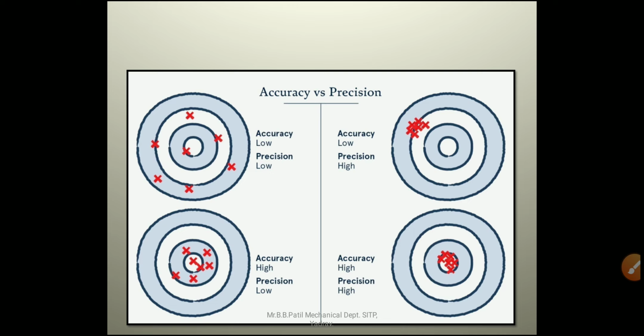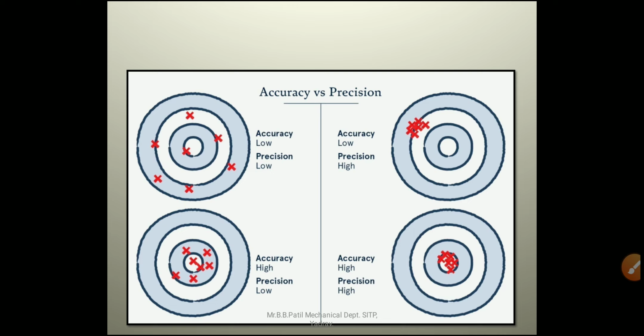Comparing accuracy versus precision, here the image shows a shooter shooting at a target and achieving accuracy as well as precision. In the first image, at the upper left corner, the shooter's accuracy is low and his precision is also low. At the lower left corner, the second image, the accuracy of the shooter is high but the precision is low. In the third image, at the upper right corner, the shooter has low accuracy but his precision is high.